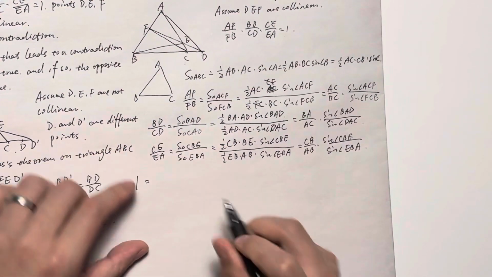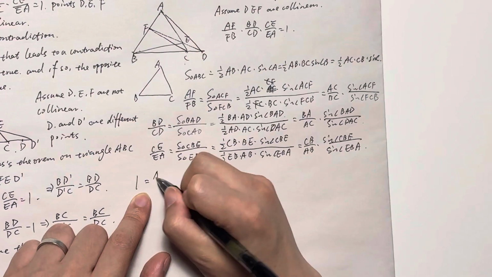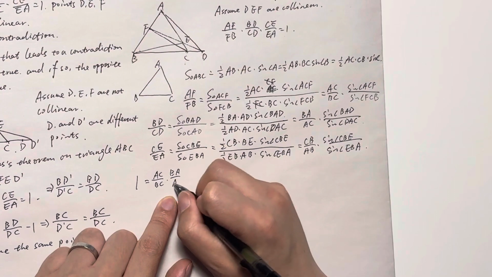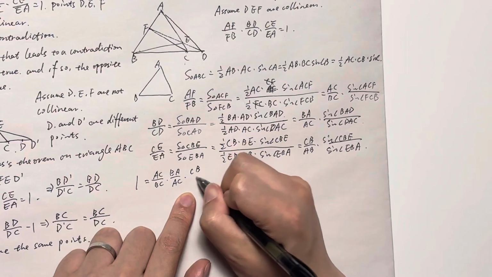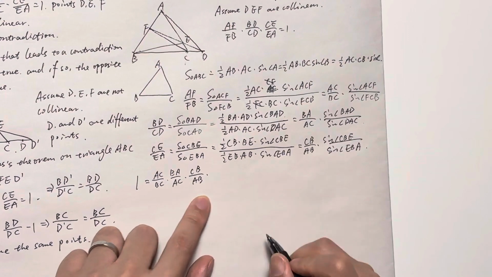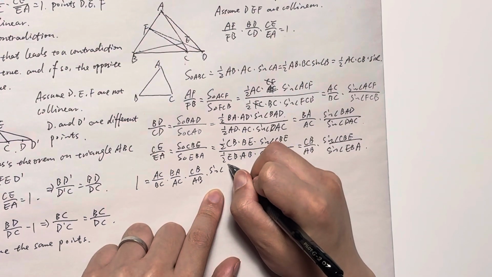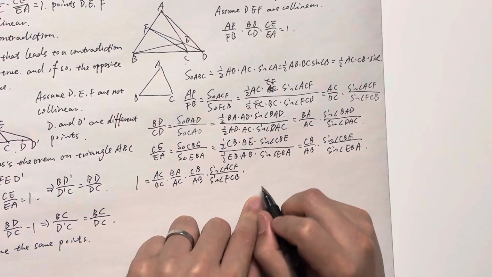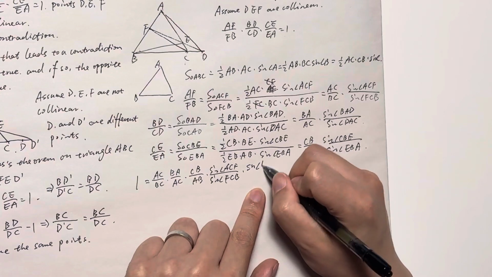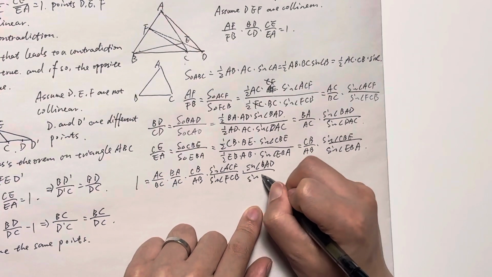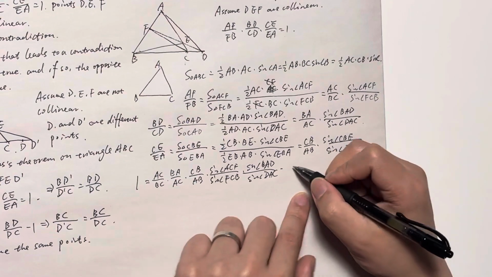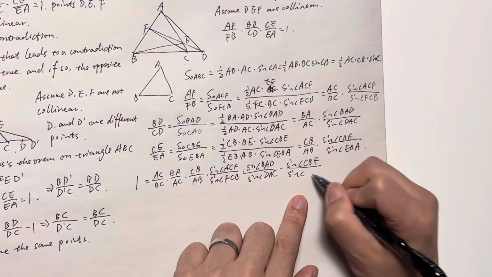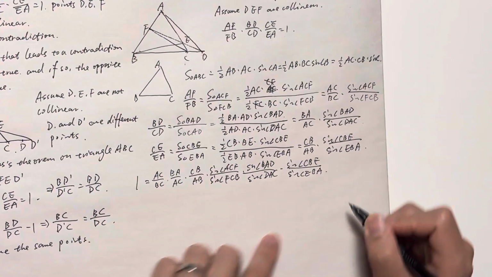So 1 equals AC divided by BC times BA divided by AC times CB divided by AB times sine angle ACF divided by sine angle FCB times sine angle BAD divided by sine angle DAC times sine angle CBE divided by sine angle EBA, right?